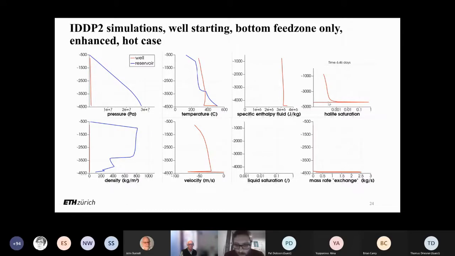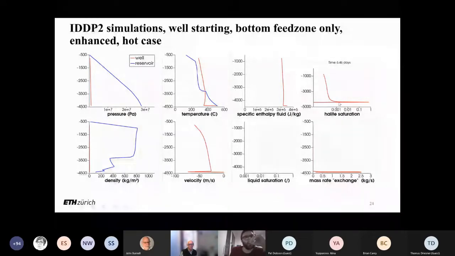Even though the produced fluid from the bottom feed zone only contains around 5 grams of salt per kilogram of fluid, you have such a big pressure drop between the reservoir and the well that those 5 grams are going to accumulate steadily at the point of production. And after only roughly a week, you have the well totally filled with salt.